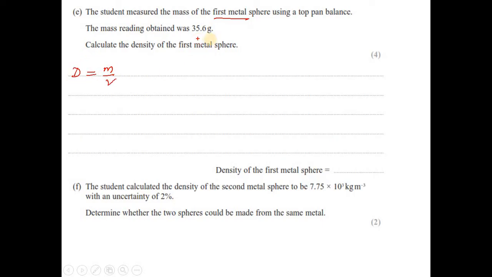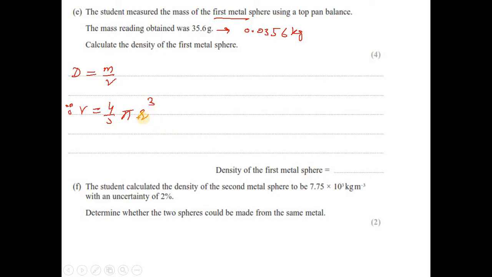We have mass in grams, so we convert this into kilograms. That means 0.0356 kg, and we need volume. For volume, we are going to use the formula V is equal to 4/3 pi r cubed.